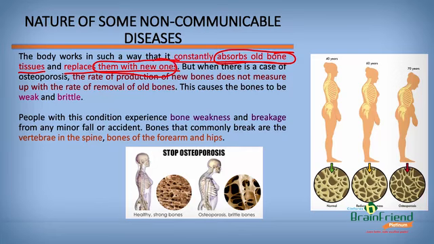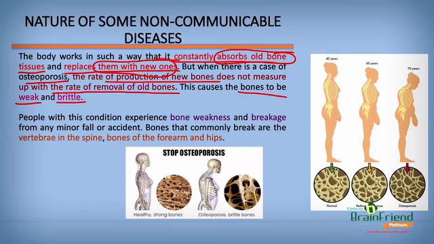But in the case of osteoporosis, the rate at which the body produces new bones does not match up with the rate of removal of the old bones. Now, this causes the bones to become weak and brittle.